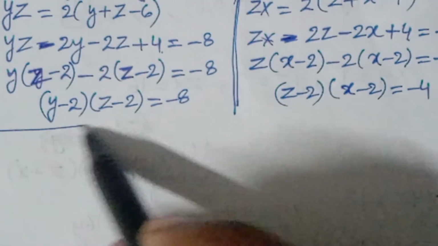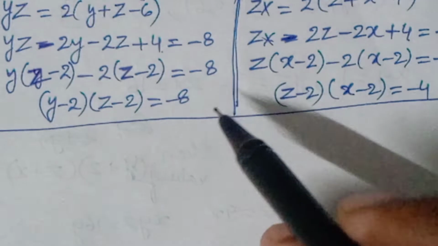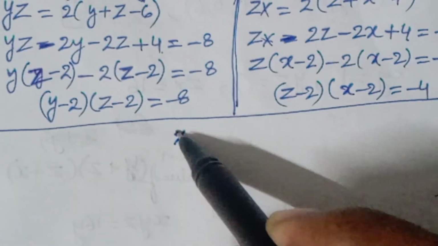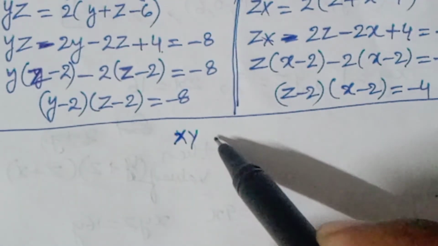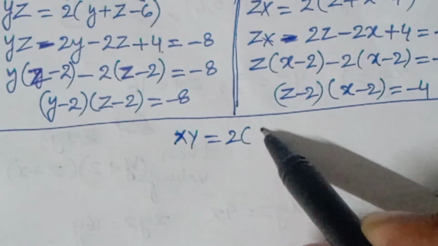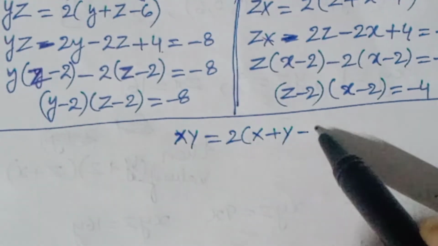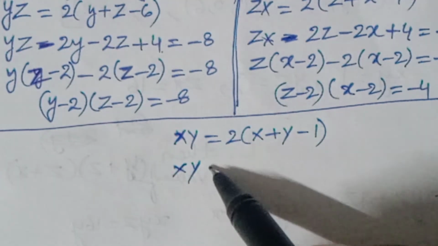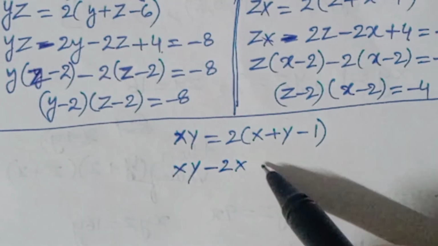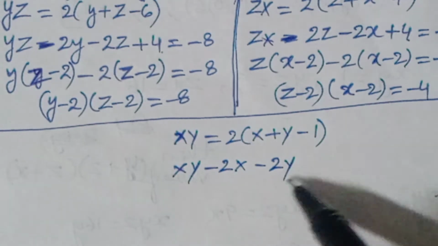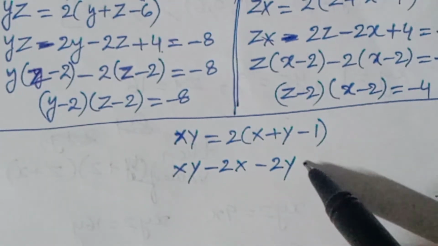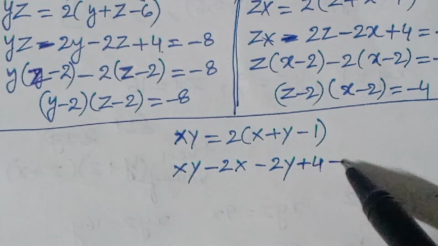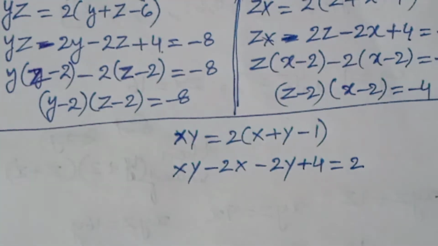If you take the third one, xy is equal to 2 into (x plus y) minus 1. Now you can write it as xy minus 2x minus 2y plus 4 is equal to 2.